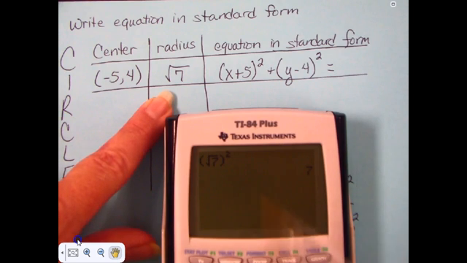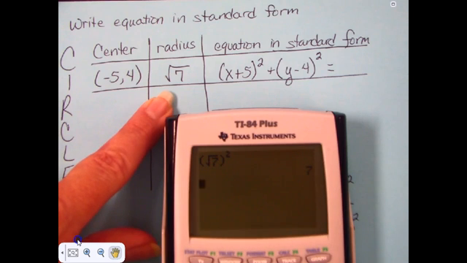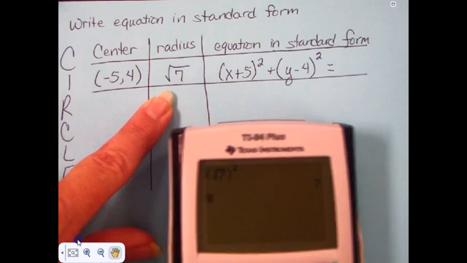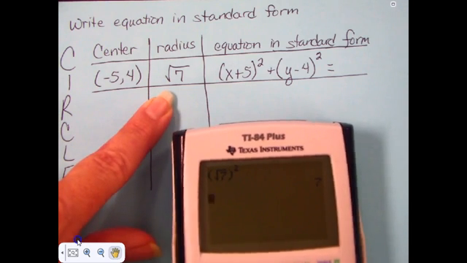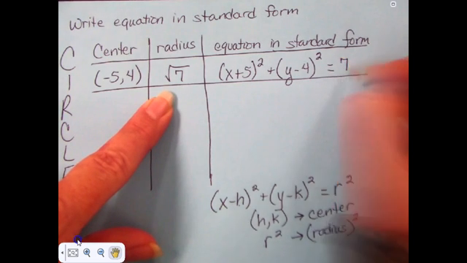We should know that because a square and a square root are inverses of each other, and they kind of cancel each other out. The square root of 7 squared is the square root of 7 times the square root of 7, which is the square root of 49, which is 7. So there are lots of ways that we should know, without using the calculator, that this is equal to 7.